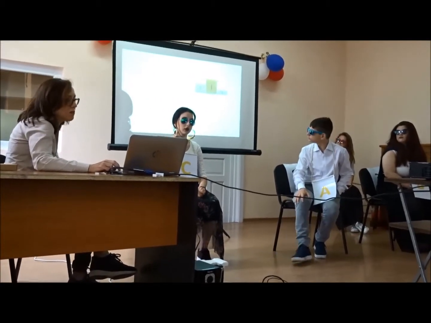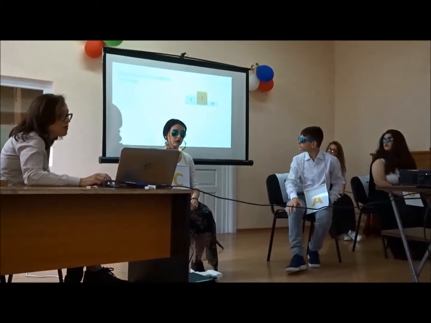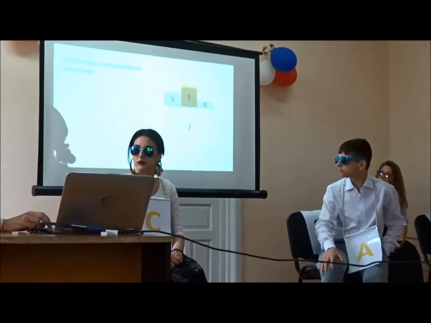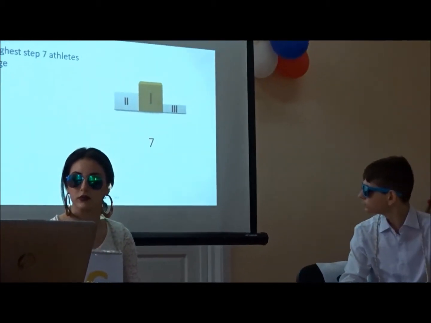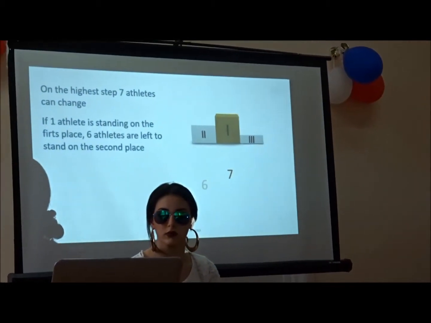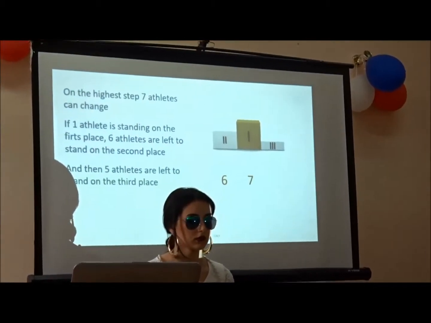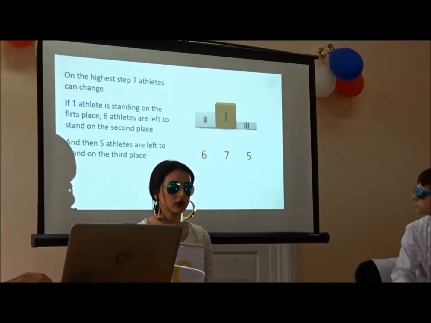In this case, on the first place, we have 7 possibilities. If one fleet is standing on the first place, we have 6 possibilities for the second place, and finally 5 possibilities for the third place.